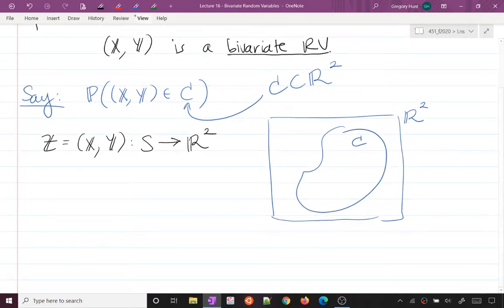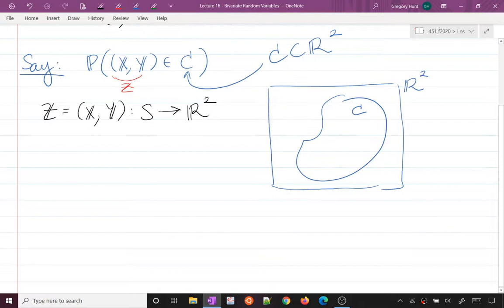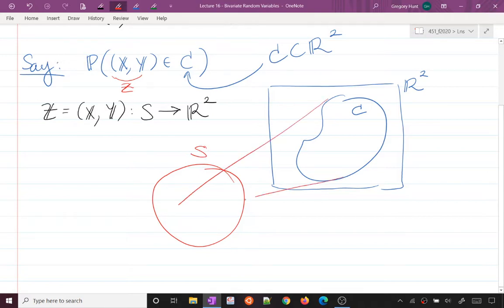And so if I ask, for example, what's the probability that (X, Y), or maybe Z, is in some set C, what you could have in the back of your head is that the way we would calculate that is we would look at the inverse image of C under my random variable Z.